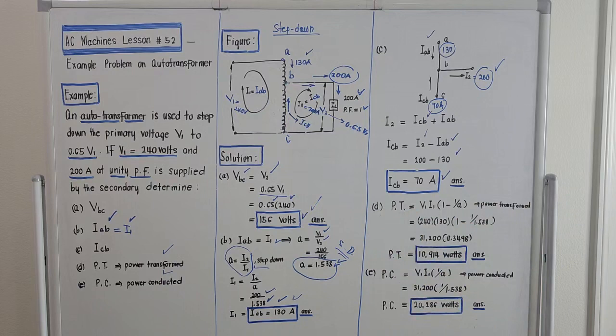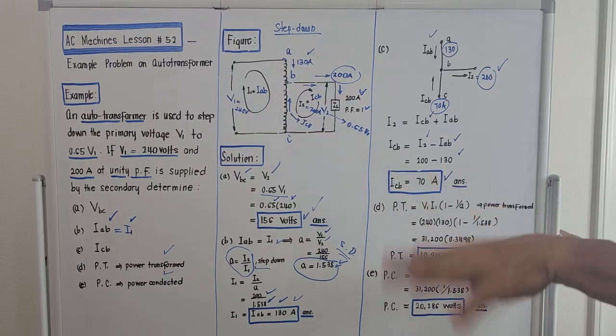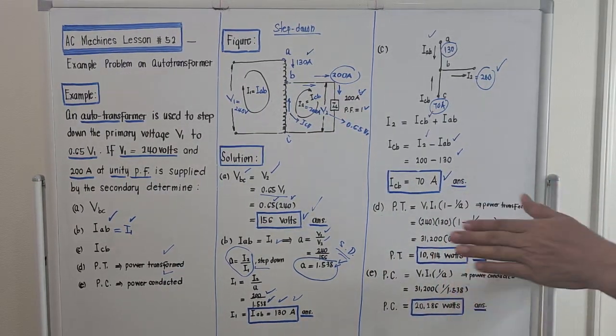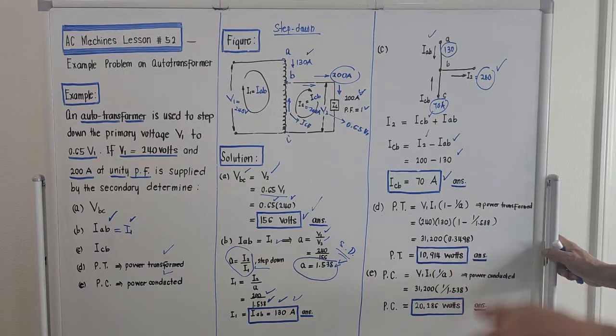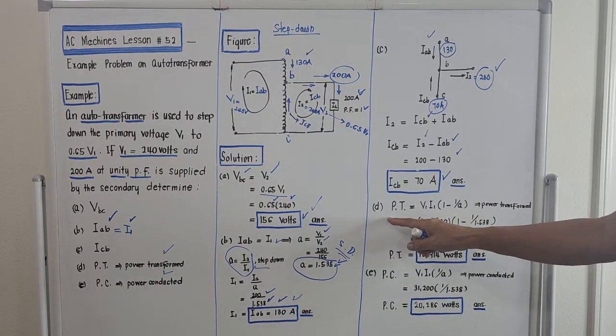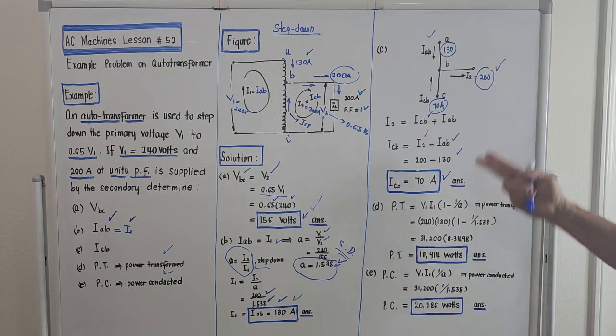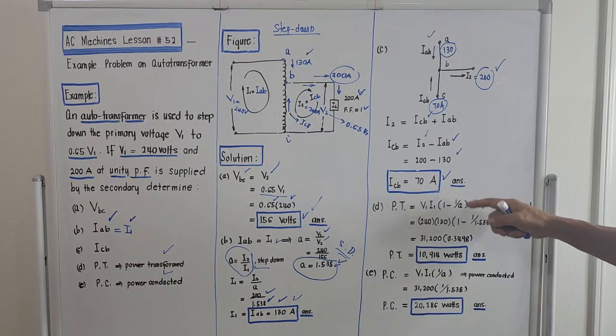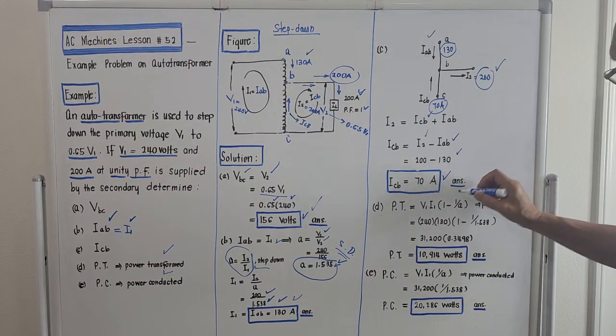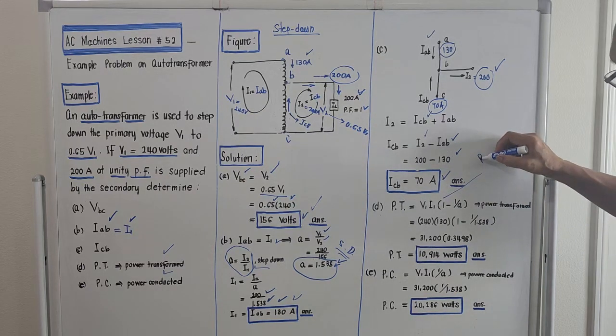Letter D, the power transform. The last time around, I derived the formula on how to compute for the power transform considering autotransformer. So power transform, capital letter P, will be the product V1 I1 times the quantity 1 minus 1 over A. V1 I1 is actually power input.